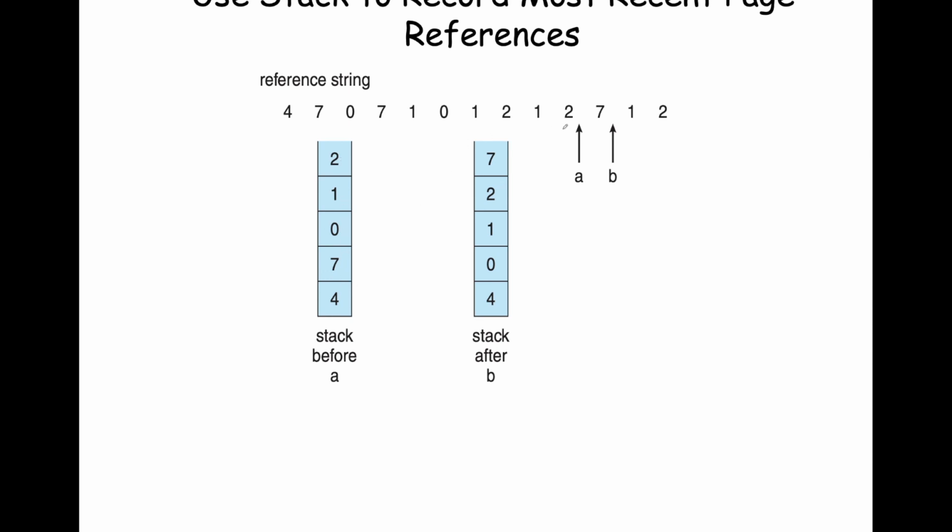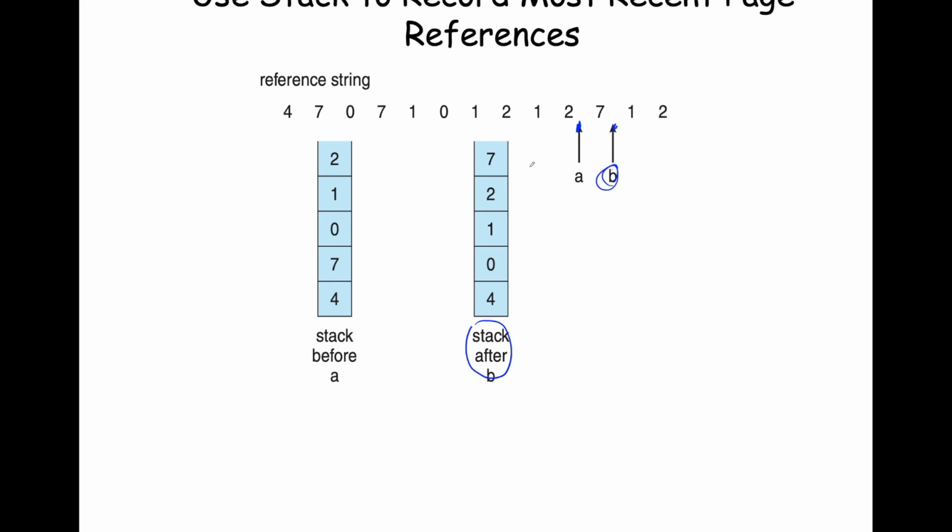We mark this period of time as A, then we have a reference for page 7, and then we have the point in time B. The first stack on the left is the stack at the point in time marked by A, and the second stack is the version of that same stack as a result of the reference to page 7, the point in time marked by B.